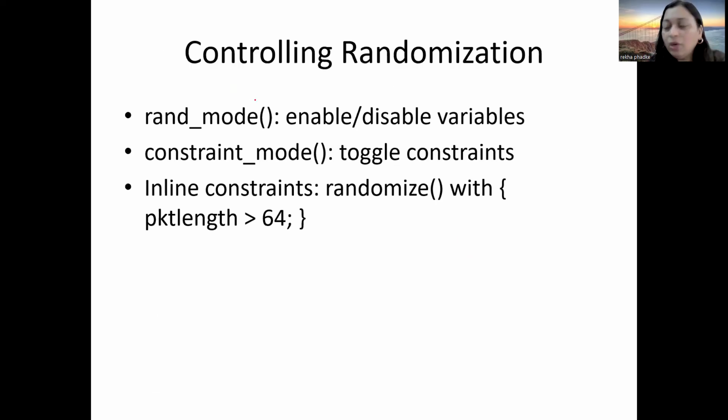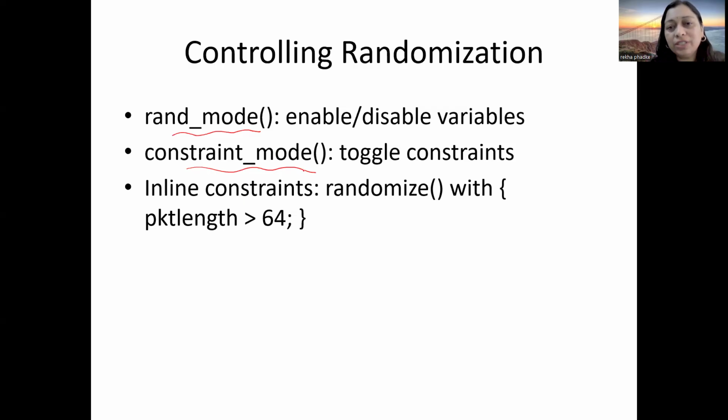Now we also have rand_mode and constraint_mode. These are two different functions which you can use in your code when your variables are rand or randc. Let's see how we can use them with an example. rand_mode is used to enable or disable the variables which are declared as rand or randc.